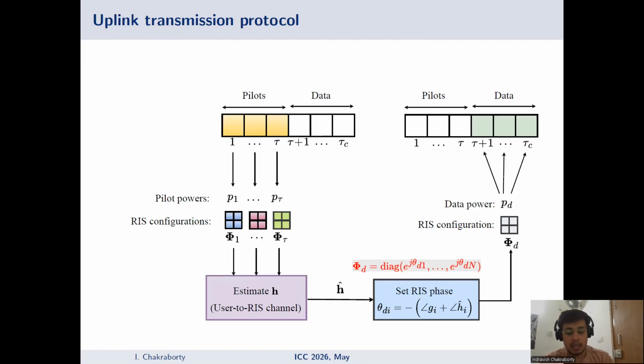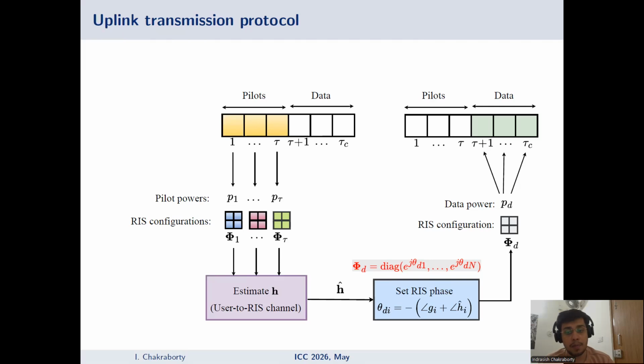And note that unlike the equal power assumption in the literature, we don't put any restrictions on these pilot powers. They need not be equal. And these RIS configurations also can be anything.